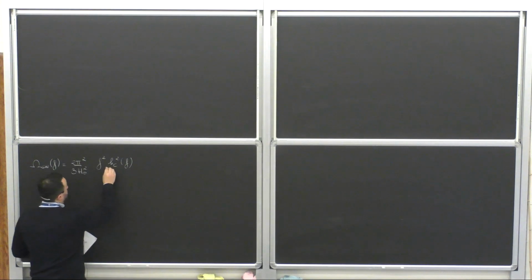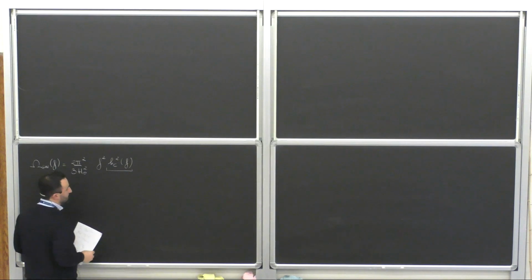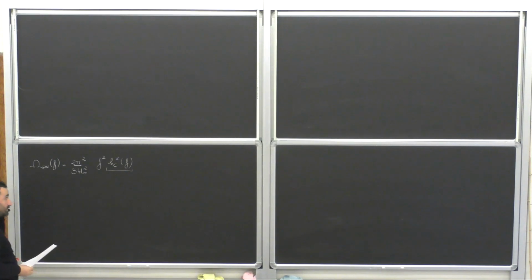You compute this from your mode function, your power spectrum, the 2-point function. You relate it to this quantity that is the most common one that you see in the plot when people describe stochastic background.